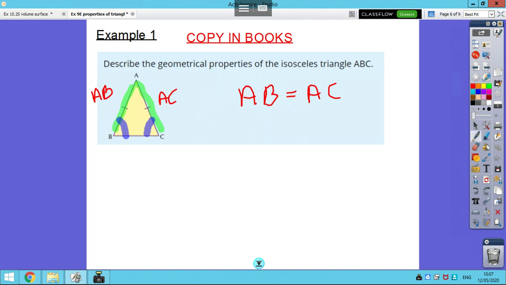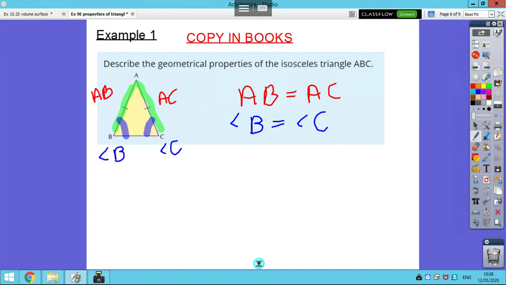Well, I remember that to write an angle, I need to say it's angle B and then angle C. And I need to say that they're equal to each other, don't I? So angle B is equal to angle C. And that's it, I'm done. That's all I can say because the odd one out side isn't equal to anything else and the odd angle out isn't equal to anything else. So I just leave them out and I don't need to say anything about them.